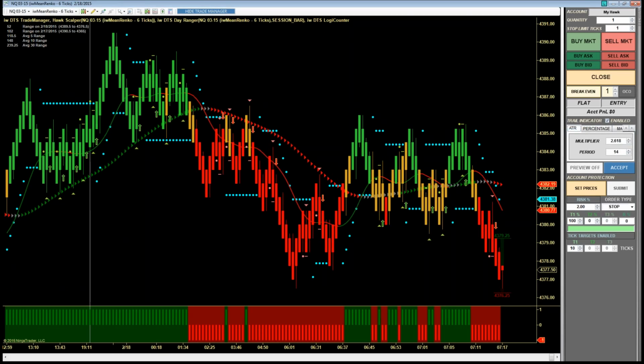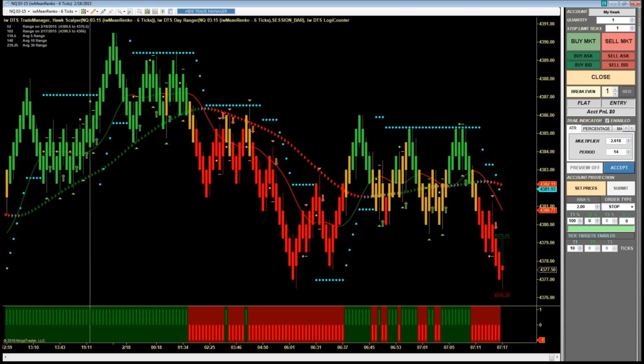Everything from something like the chandelier, which is very conservative, to, say, parabolics, which are more aggressive. And all these are fully customizable. You can change the settings. You can make them more or less aggressive, depending on your needs.